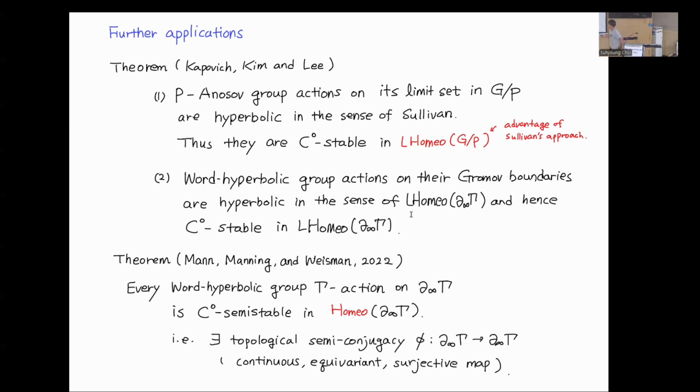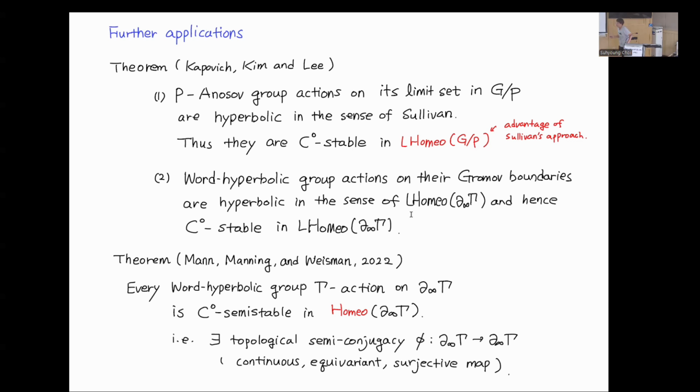Okay. So after that, Mann and Manning and Weisman in 2022 proved that the hyperbolic group action on its group boundary is C0 stable in the homeomorphism group of the group boundary.